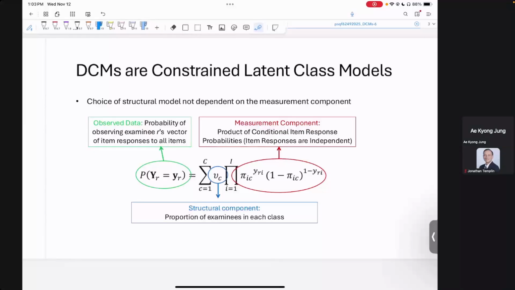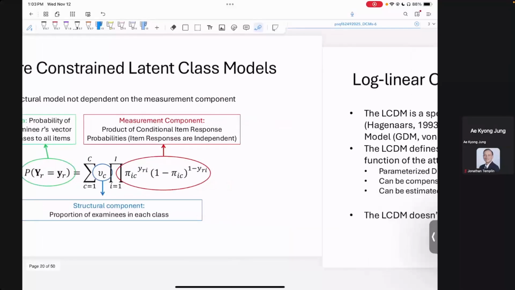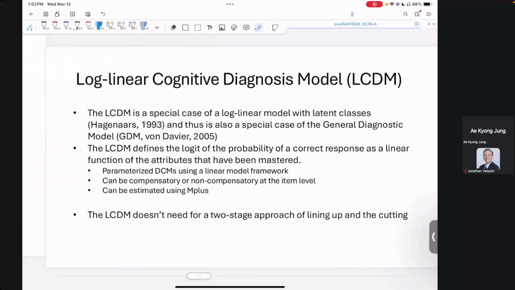And let's see what the measurement components are. One of the models is the log linear cognitive diagnosis model. It's a special case of the log linear model with latent classes, and it's also a special case of the general diagnostic model. This one can model graded ordered responses, but we're focusing on binary data.